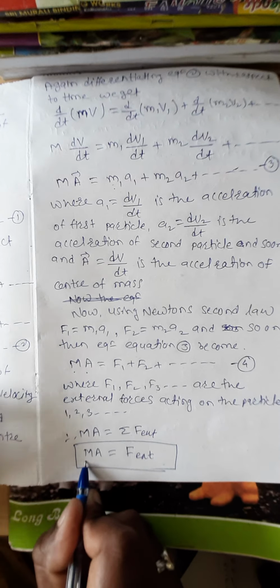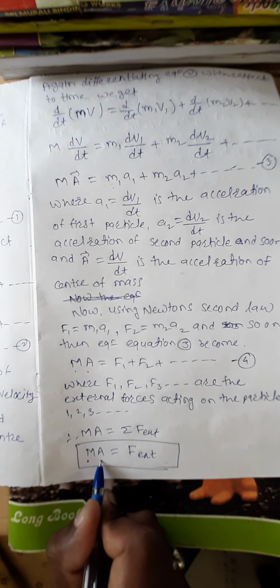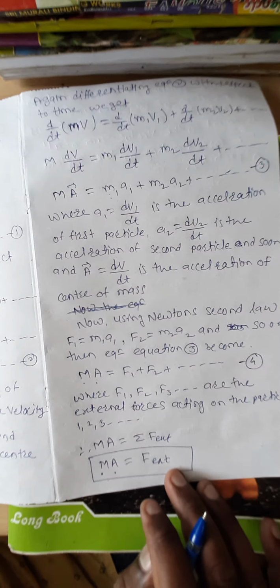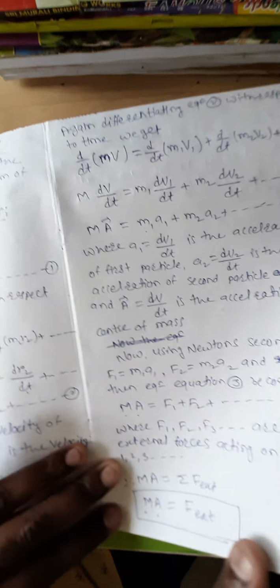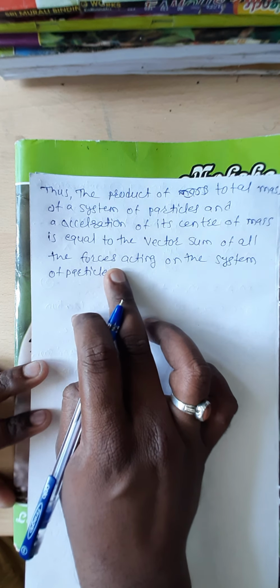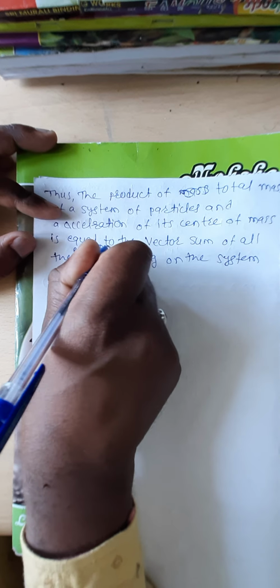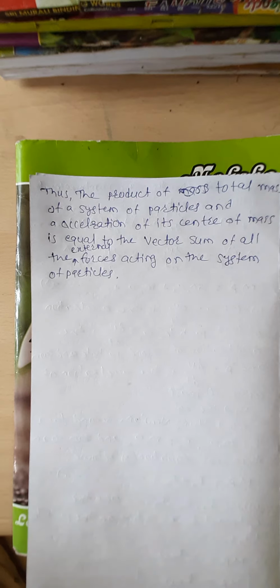What does that mean? The product of the total mass of the system and the acceleration of the center of mass is equal to the vector sum of all the external forces acting on the system of particles.